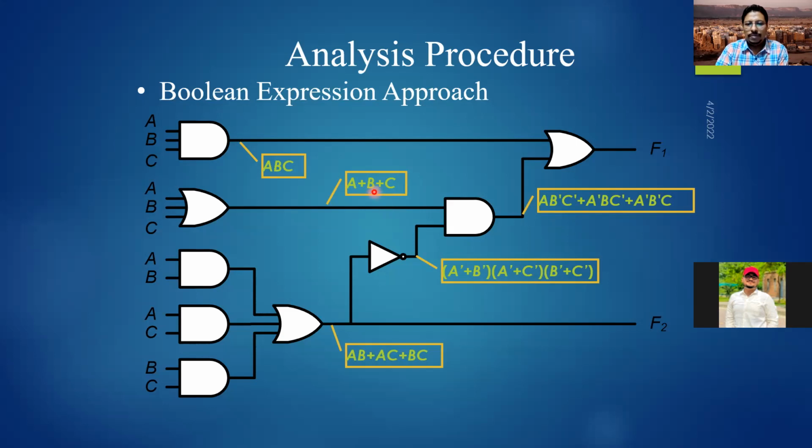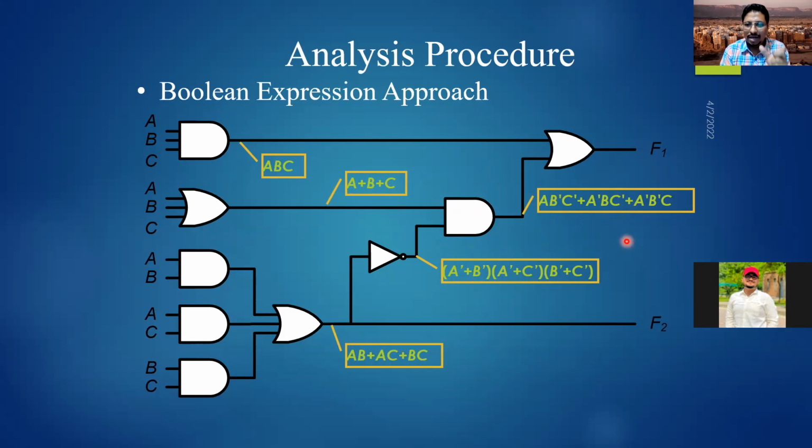Again, if you come to B into A prime, it will be here. Then into C prime, it will give you this one. And you have to go through the rest: C into A prime into B prime. You have to remember two things. You are not going to repeat if you have the same duplicated term.